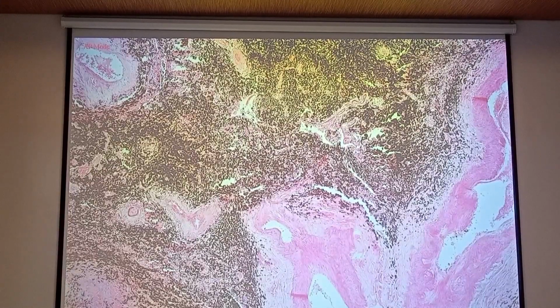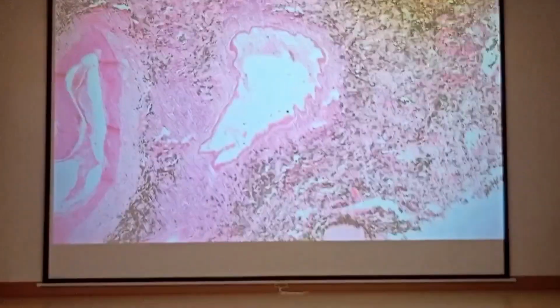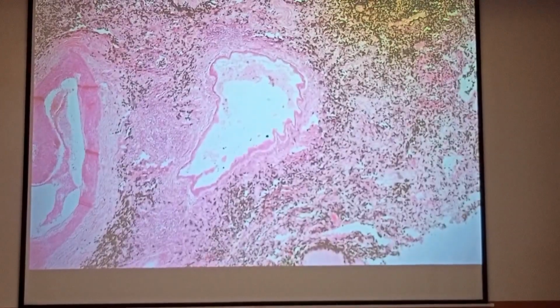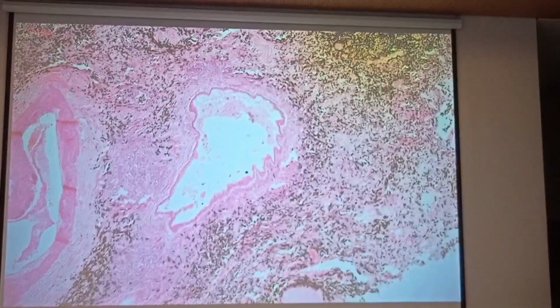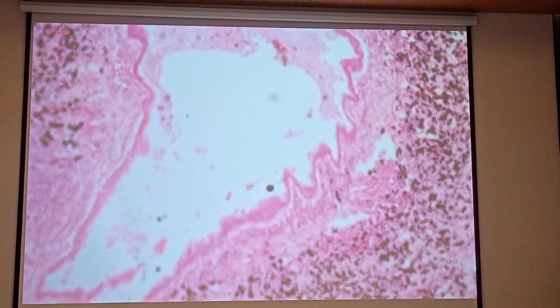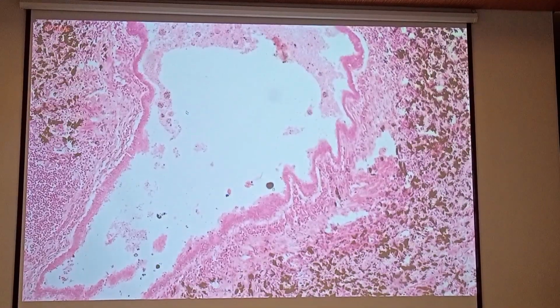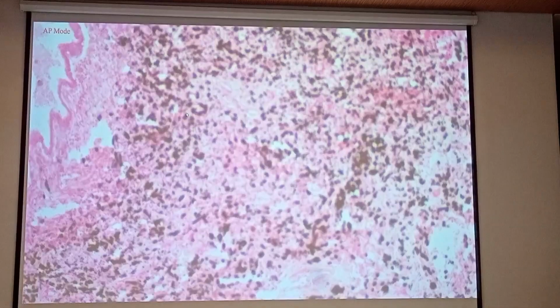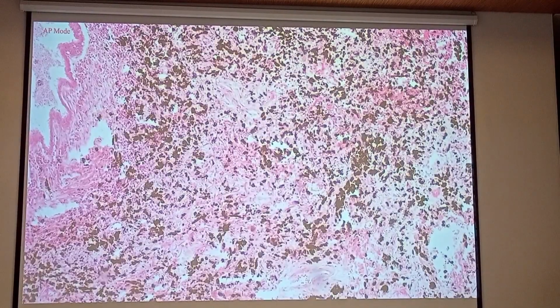No. I can see an airway and the chronic inflammatory infiltrate. But these pigmented things are your macrophages.